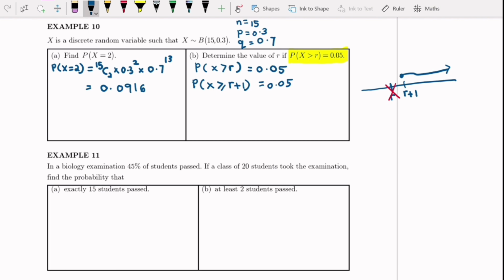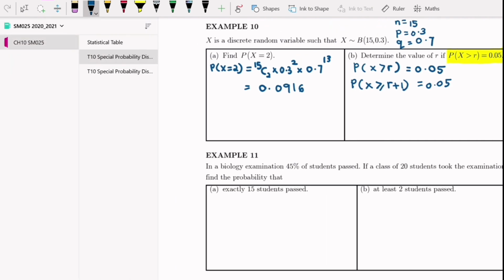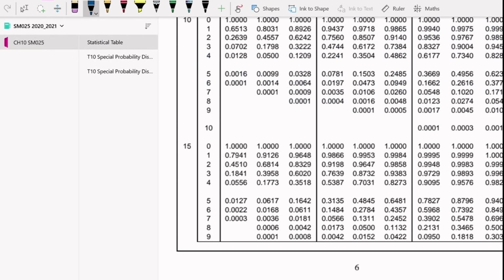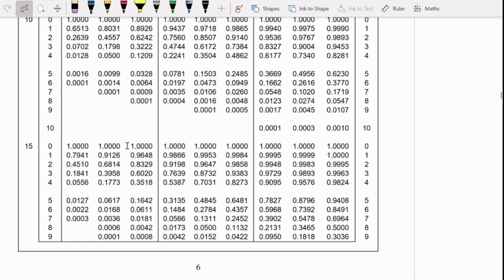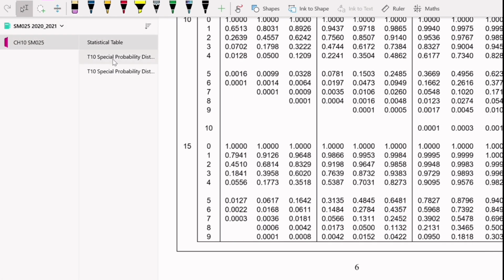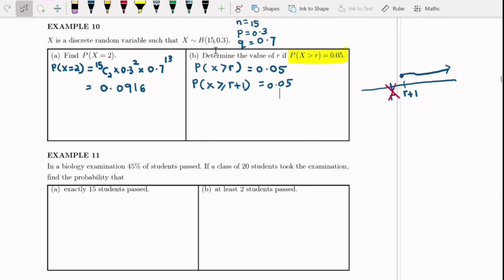So now, let's look at the binomial table, page 6. Let's look at the question again. We have n equals 15 and p equals 0.3.